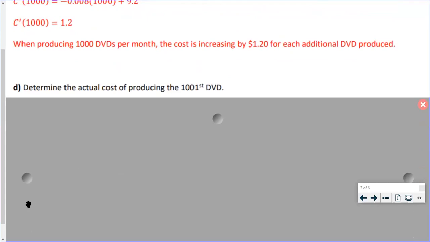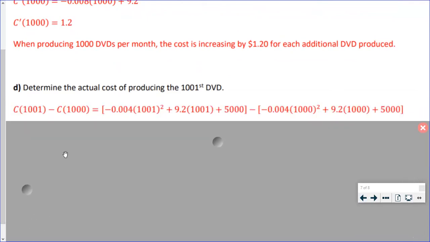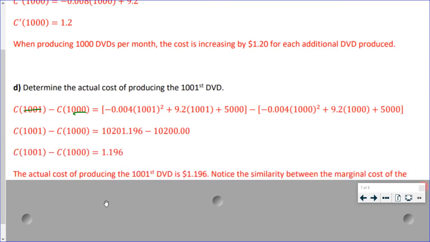Here we would take our cost function and simply subtract the value when I plug in 1001 from the value when I plug in 1000. It's a very straightforward difference calculation.